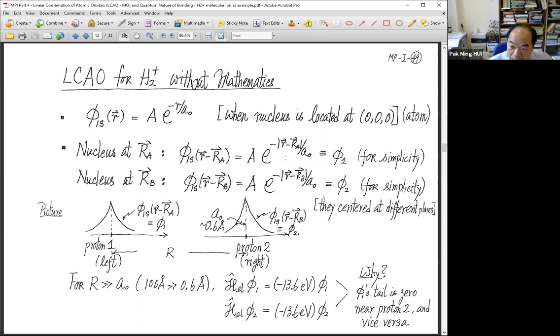But we have two atoms, two centers. So one is centered at A, so it is decaying from this nucleus. The other is decaying from the second nucleus. And the length scale is about half an angstrom. So there is an R. Then you can think about it.